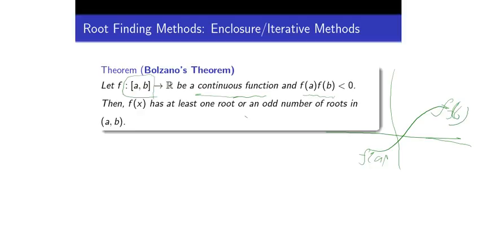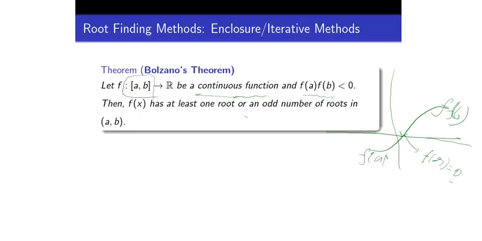That is the aim. So Bolzano's theorem is an application of the intermediate value theorem. Because 0 also lies between the values, you can always locate an r such that f of r is 0 by the intermediate value theorem.